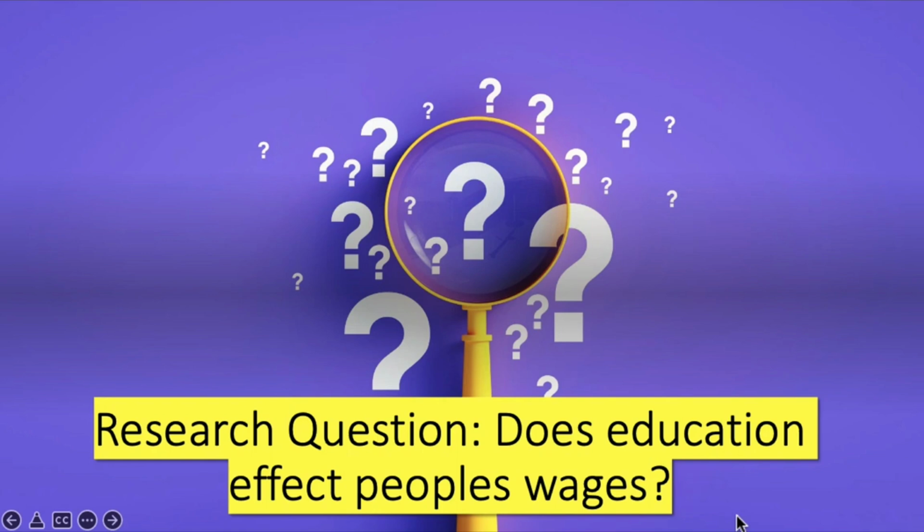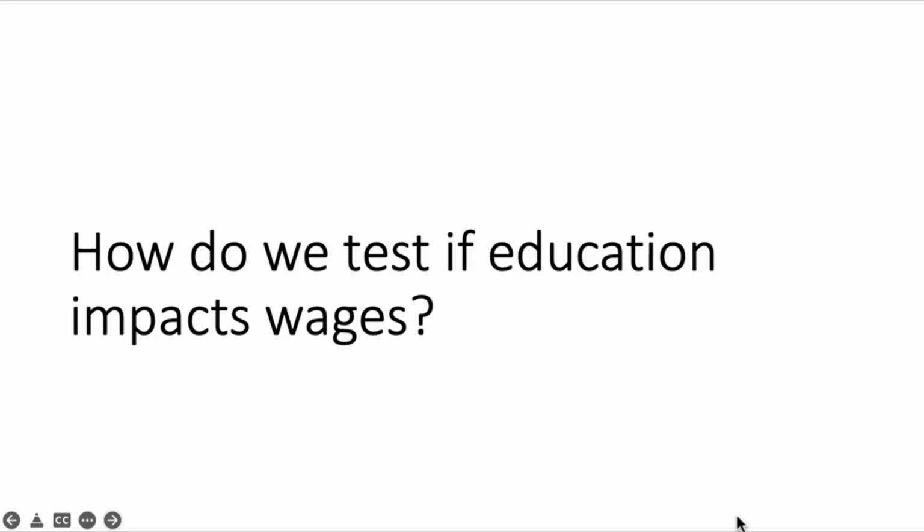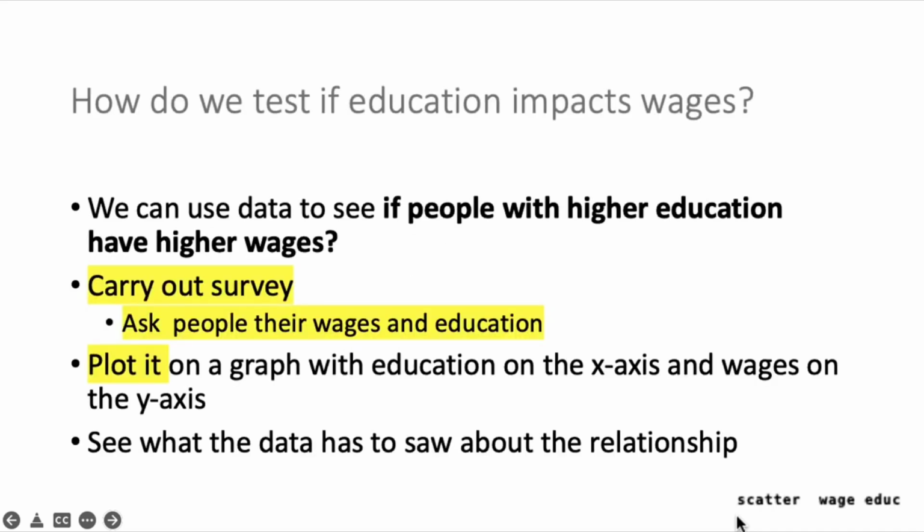Now, in order to answer this particular question, and remember that we are trying to be scientific and rational about it, we want to be data driven when it comes to making conclusions. How do we go about testing this? In order to see if higher education leads to higher wages, we can carry out a survey.